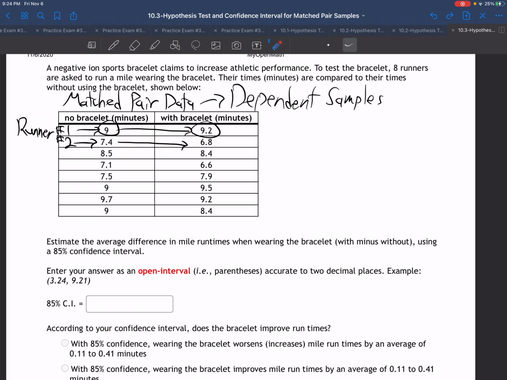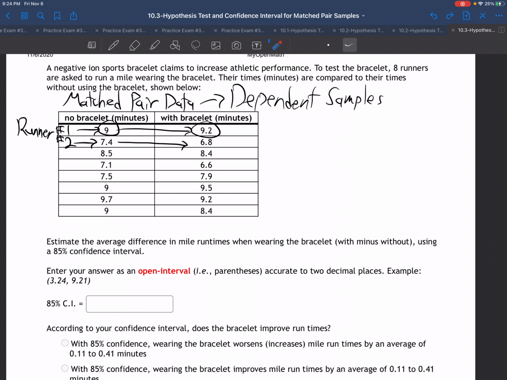Whenever you see stuff like that, it's matched pair data, when there's a connection between the numbers. There definitely is here because this is the same runner with and without the bracelet in each case. So these data are matched up. We call them dependent samples.